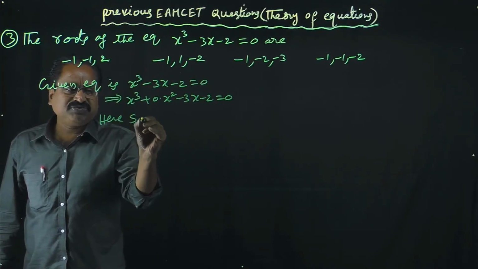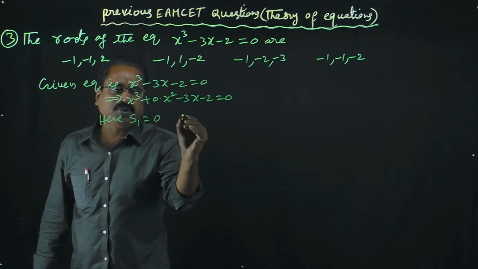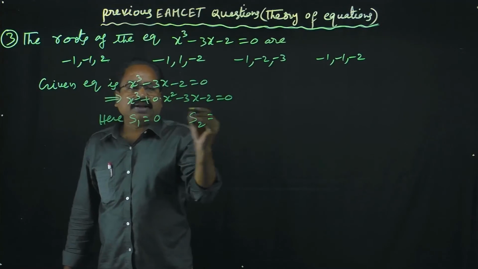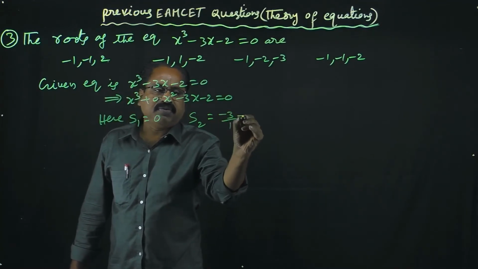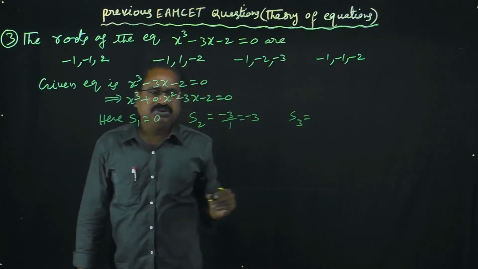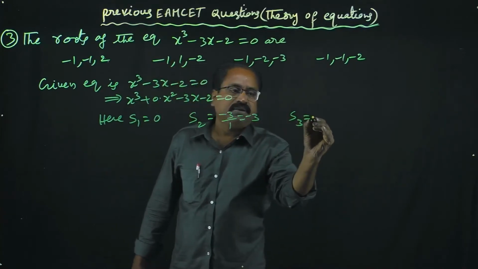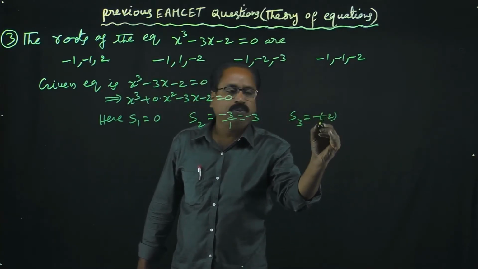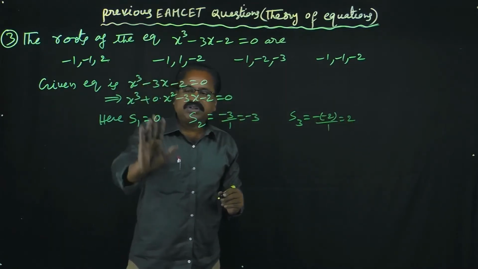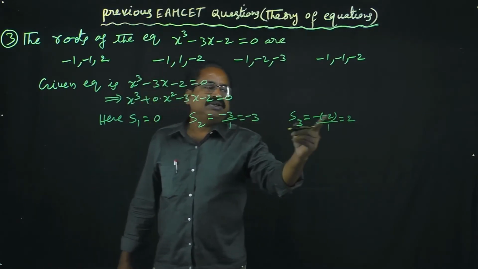Here S1, sum of the roots, is equal to minus A1 by A0, that is equal to 0. S2 is equal to A2 by A0, minus 3 by 1, that is equal to minus 3. And S3, product of the roots, is equal to minus A3 by A0, here minus of minus 2 by 1, that is equal to 2. So S1 is equal to 0, S2 is equal to minus 3 and S3 is equal to 2.